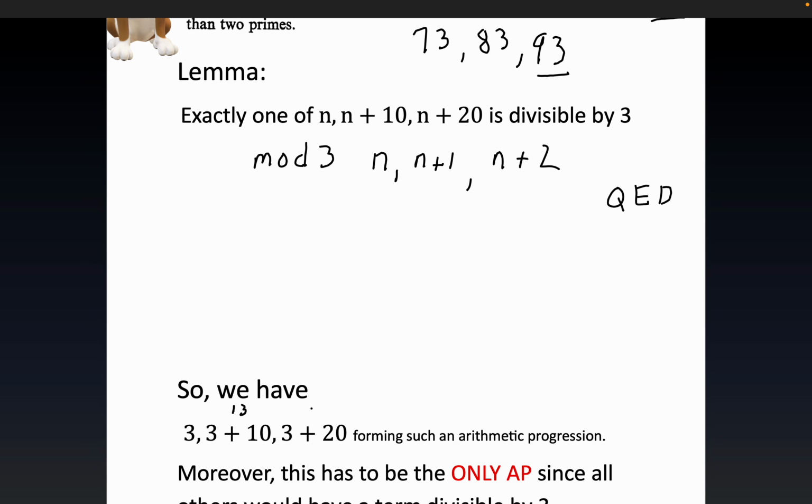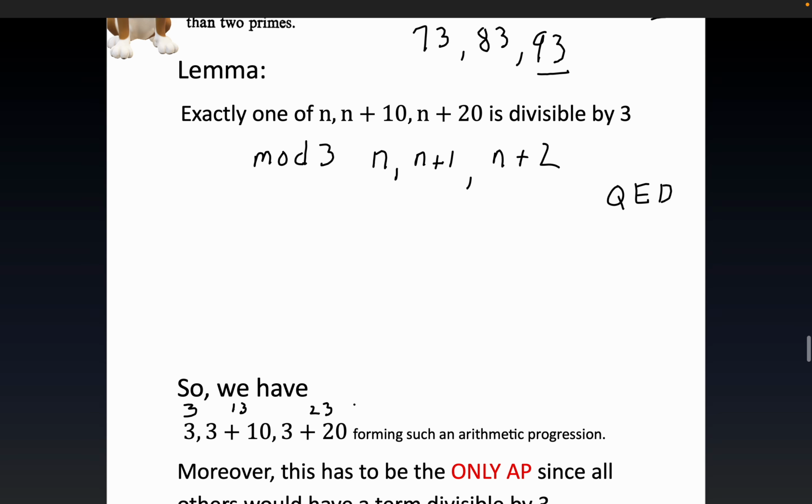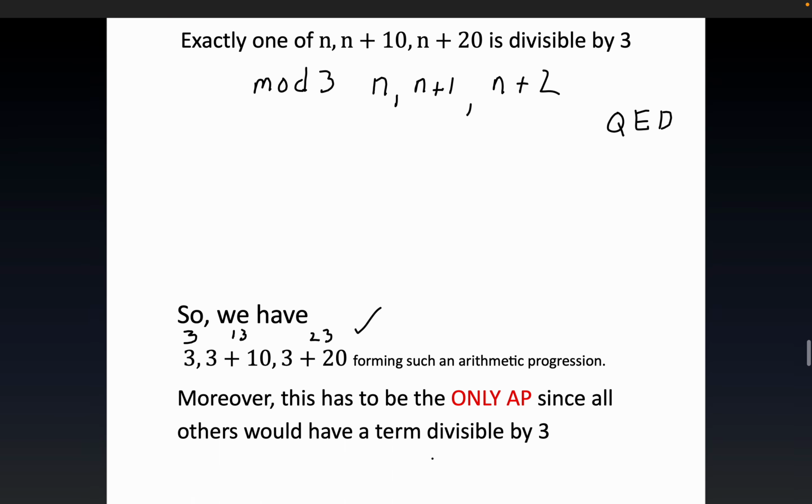And then the next one would be 23, and voila, we do have an arithmetic sequence, common difference 10, comprised of prime numbers, right? So this checks the box. 3, 13, 23.